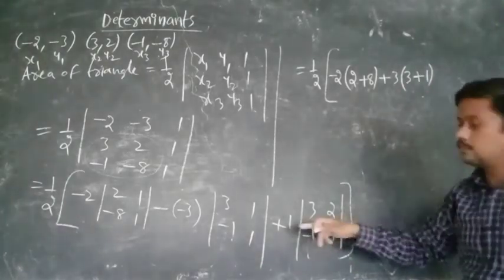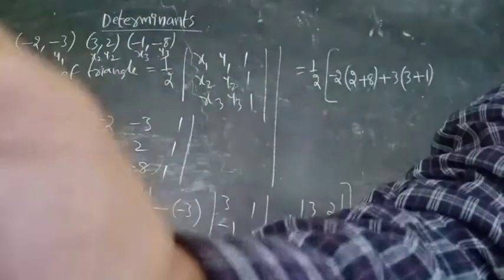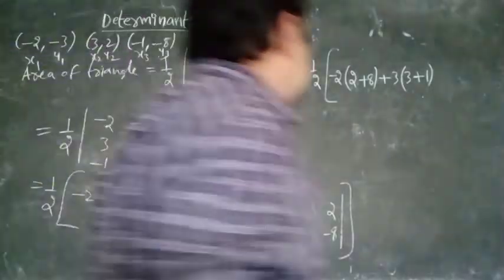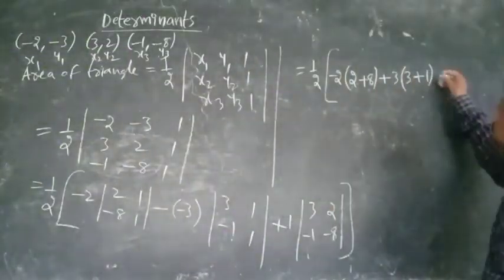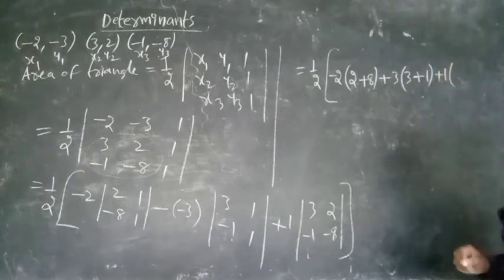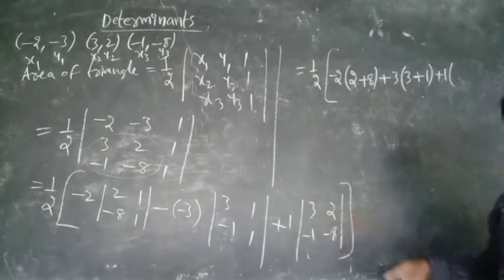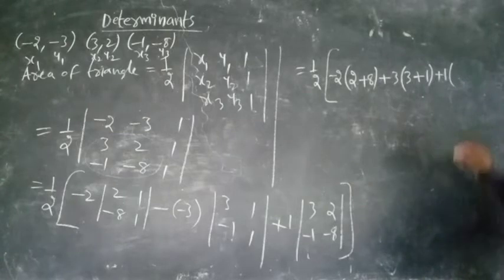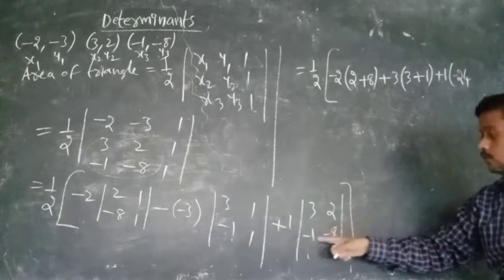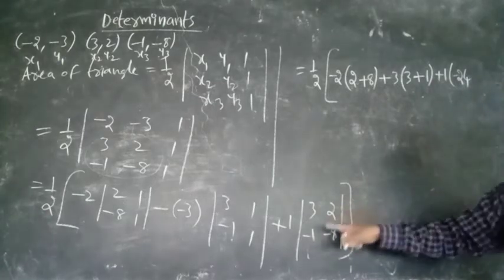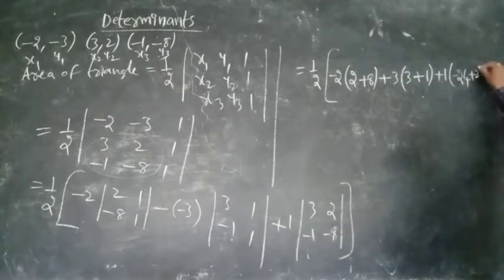Next 1 into 3 8, minus 24, 3 2 minus half minus 2 plus 2. So like that you have to write.